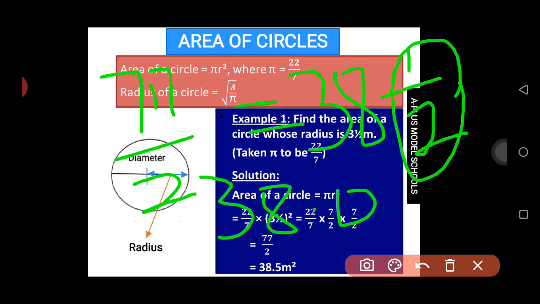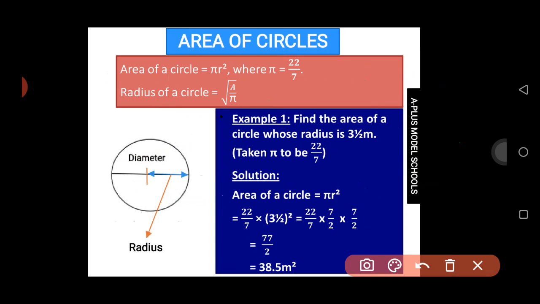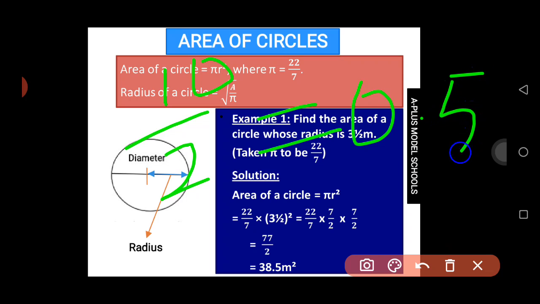Converting 1 over 2 to decimal: 2 in 1, impossible. That is 0 point. Add 0 to this 1, making 10. 2 in 10, 5. So 1 over 2 will give us 0.5.